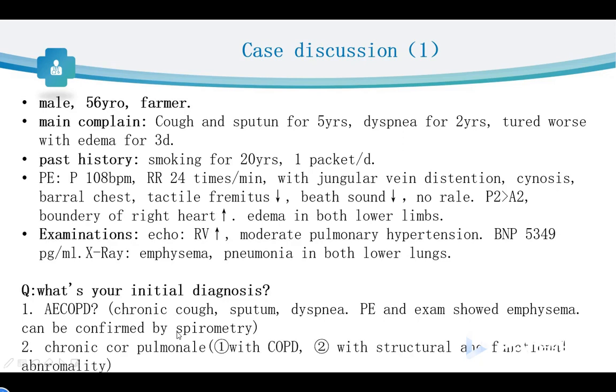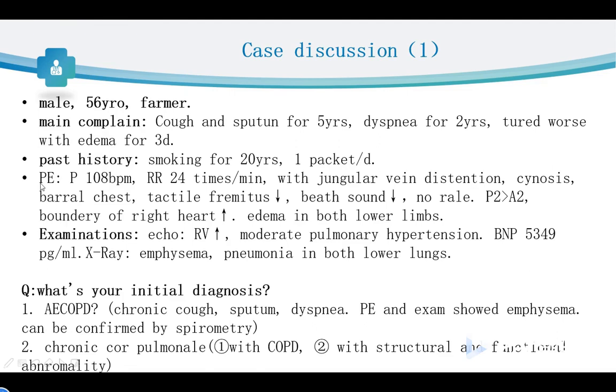The second diagnosis is the chronic cor pulmonale. Firstly, this patient has a suspicion of COPD, that's the primary pulmonary disease. And step 2, how about the right heart abnormality? Let's look at here. Among the symptoms, we can find edema, right?